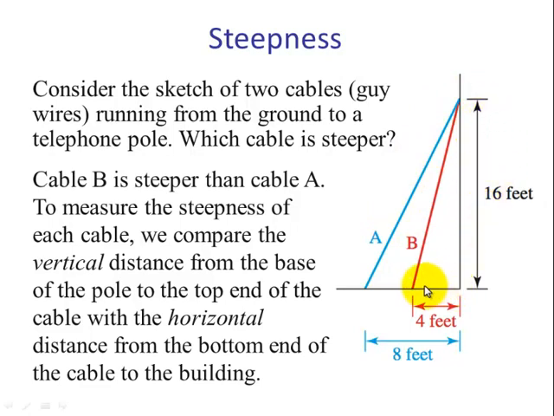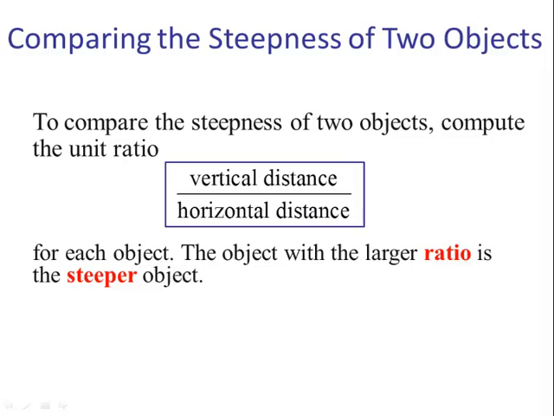B's horizontal is half of A, so B is steeper. So when we compare the steepness of two objects, we want to compare the vertical distance to the horizontal distance. This is known as a ratio, a comparison of two things, and whichever object has the largest ratio will be the steeper object. Let's do an example.